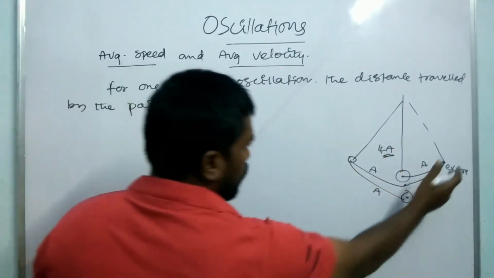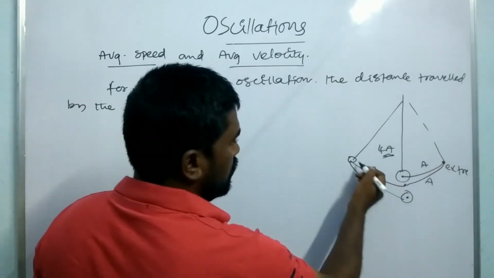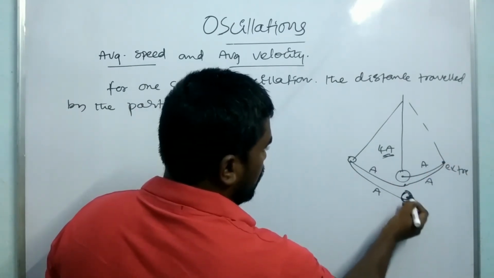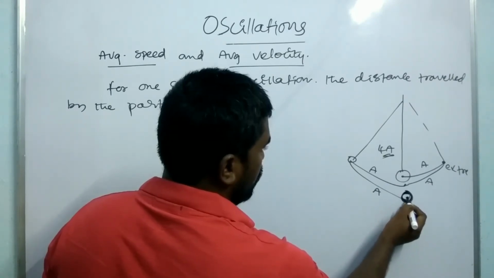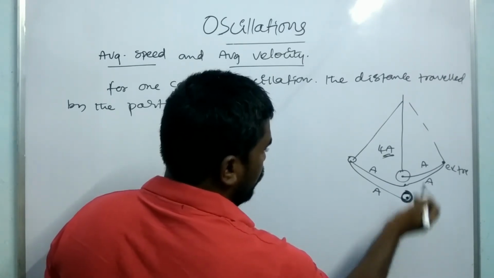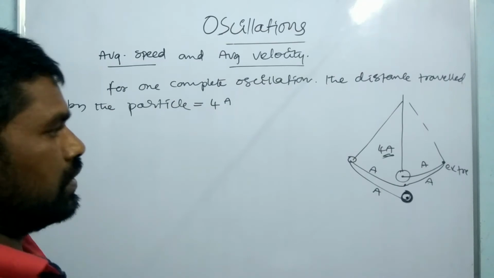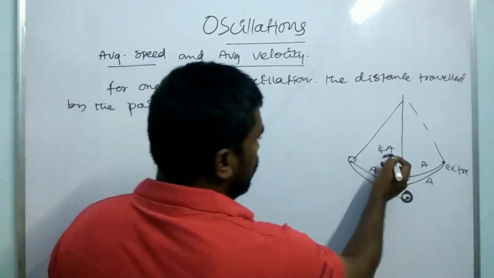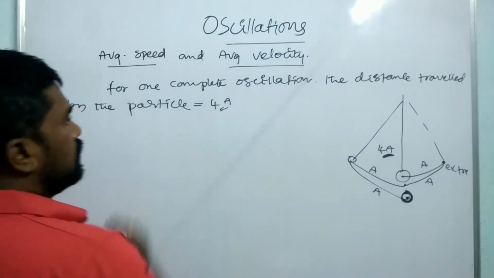So for one complete oscillation, it reaches the same position where the displacement is equal to 0 here. Displacement is 0. The distance covered by the particle is 4a. Right.